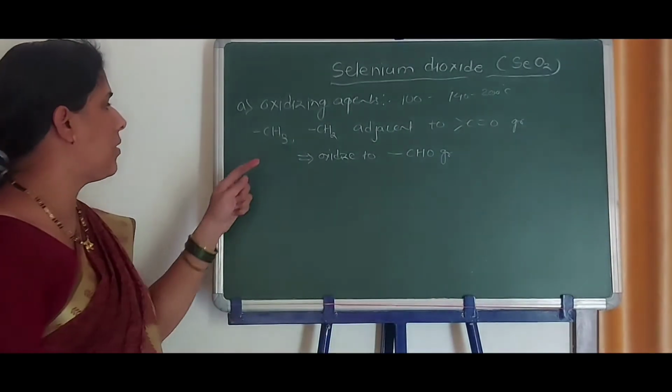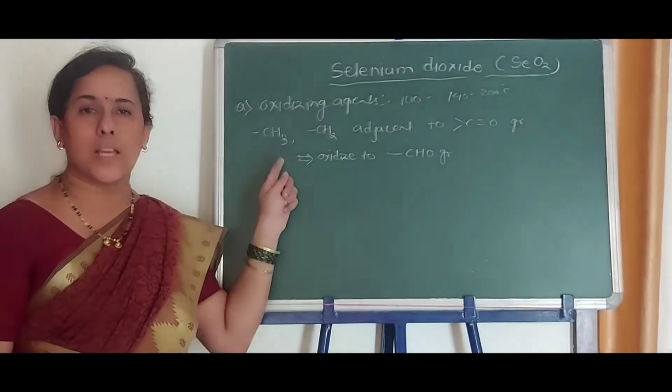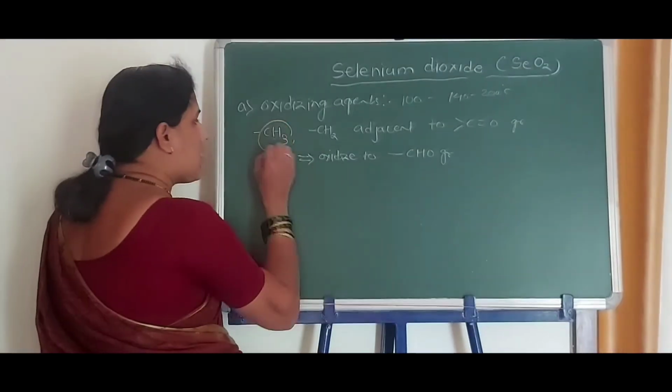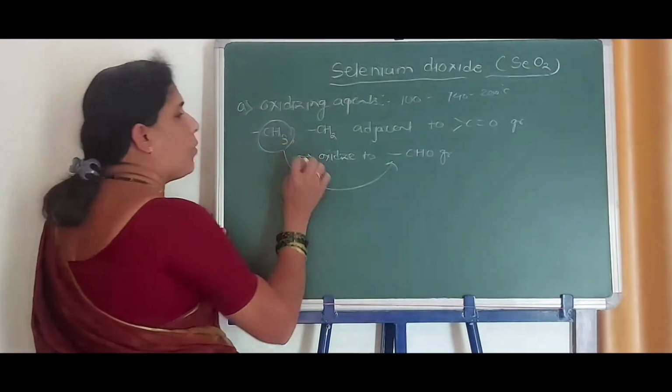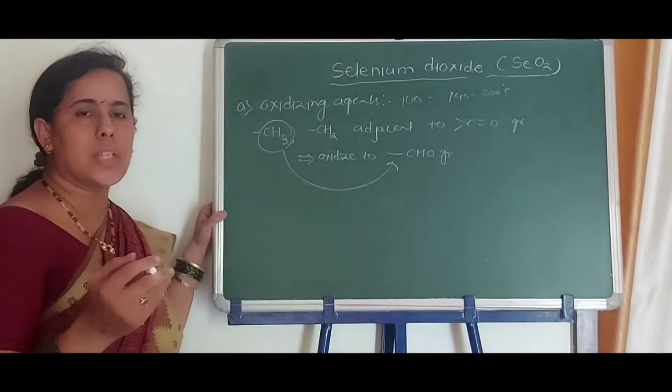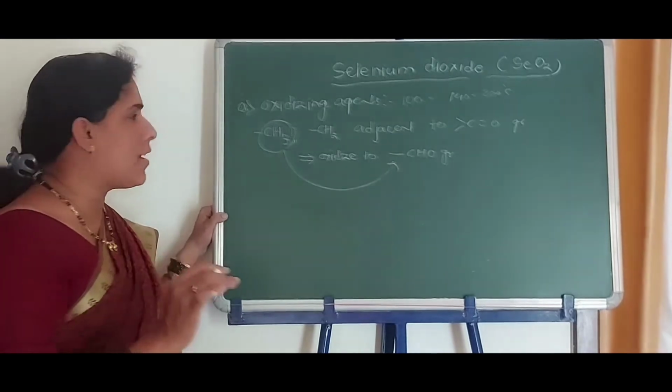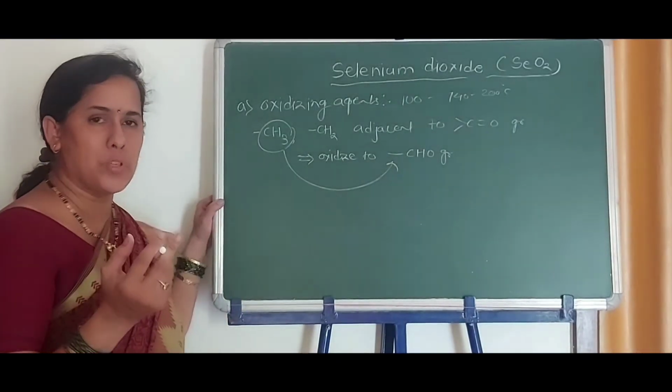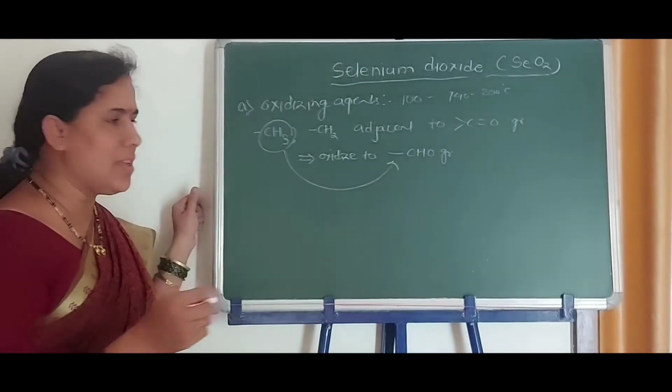Now, for the compounds containing CH3, generally this is possible only for CH3. What about CH2, CH and CH3 when they are attached to an allylic or benzylic position? We will take that into consideration later.